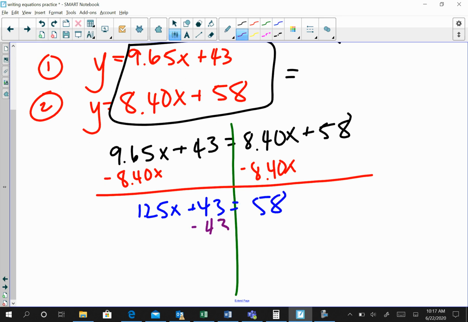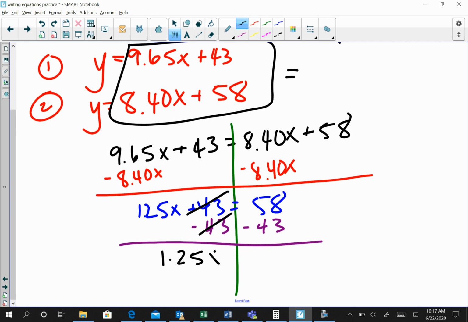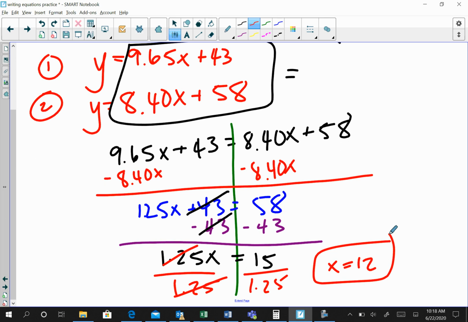Now I need to get the x term alone, so I need to move that 43. So I subtract it to the other side. 1.25x equals, well, without the 43, 58 minus 43 is 15. Now I just need to move the $1.25. 15 divided by 1.25 is 12. So when you buy 12 shirts, the price for both companies is the same.